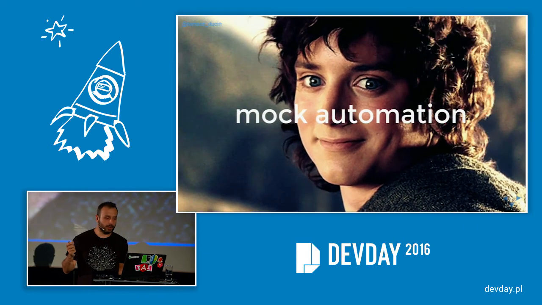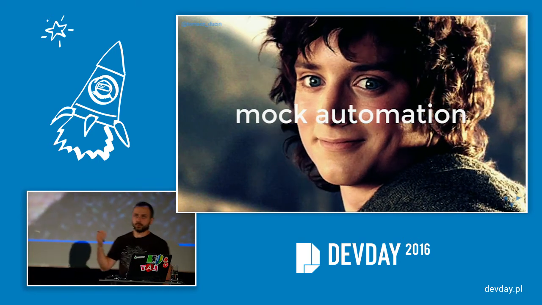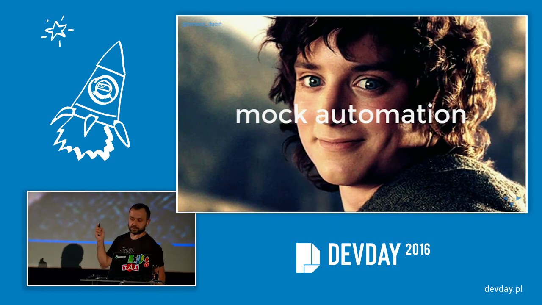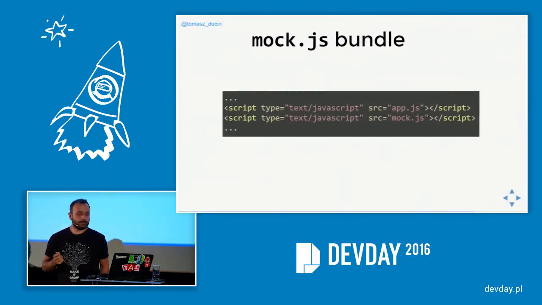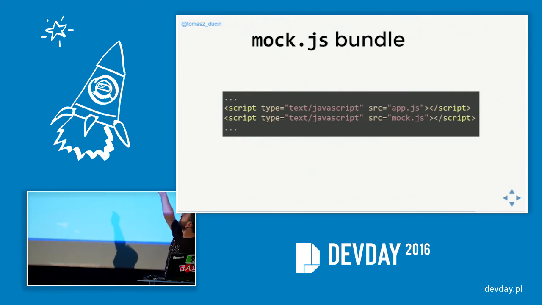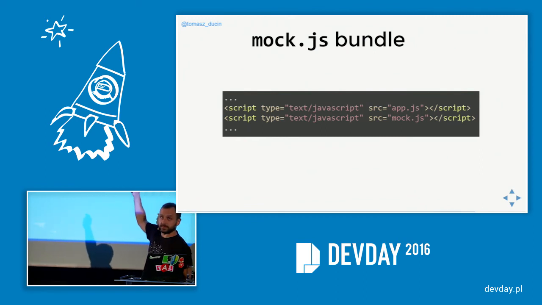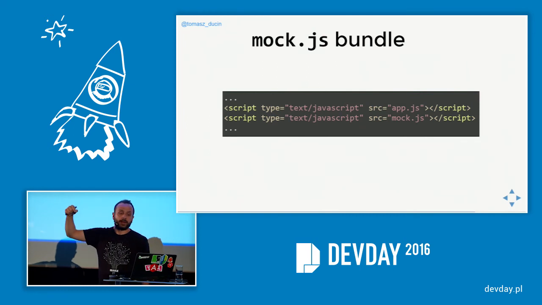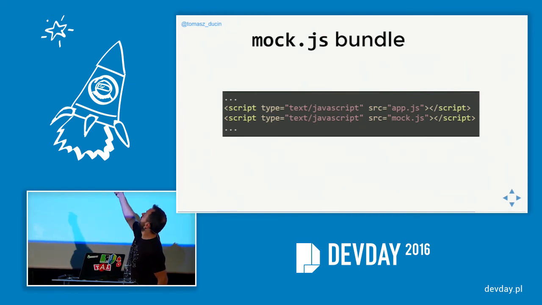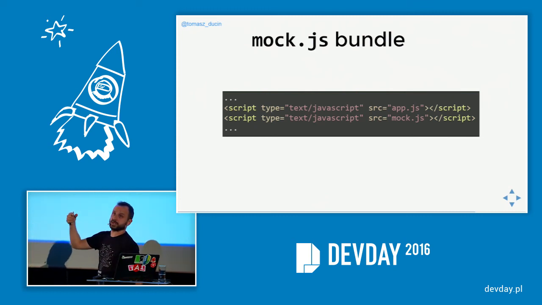And let's go to mock automation. We don't want to have all this thing written manually, so let's cover this one. This is a simplification. Let's say that our entire application is available in the app.js file. And the idea we might use, and that is pretty useful, is that we can define all the mocks inside one file, that is mock.js.